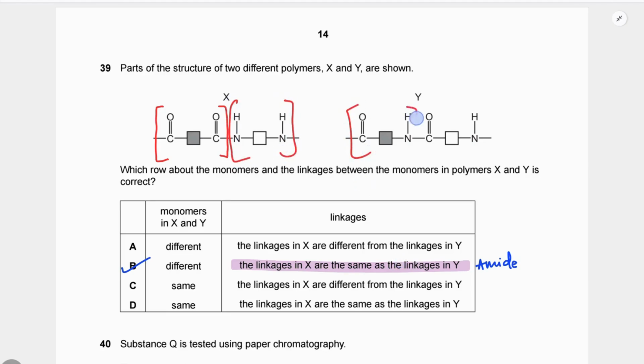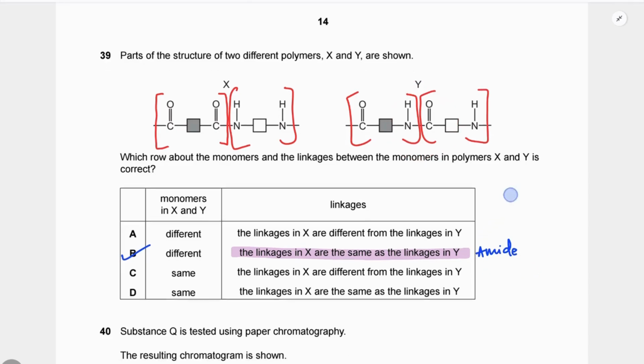In terms of linkages, those are going to be the same: C double bond O and NH, and over here also NH and C double bond O. So the linkages are the same, but the monomers in the brackets are different. The linkages are nothing but the amide group. So the correct answer is B.